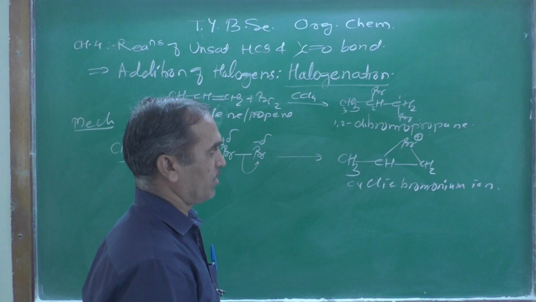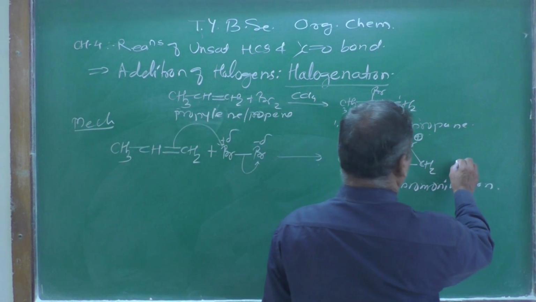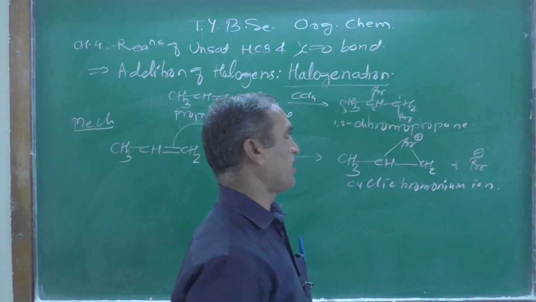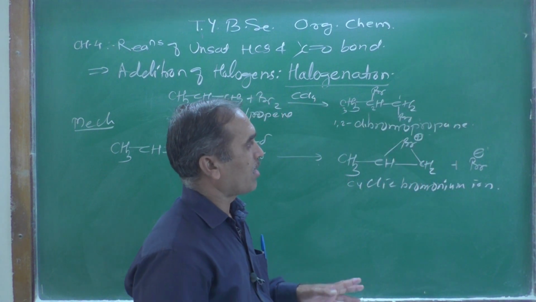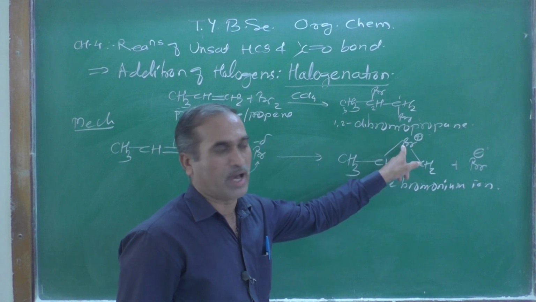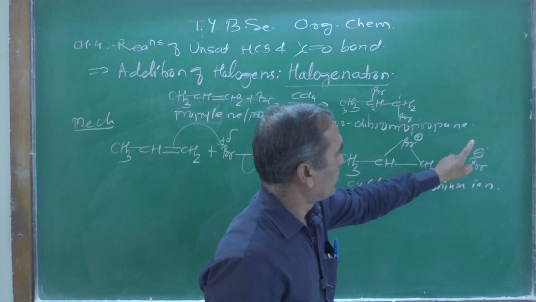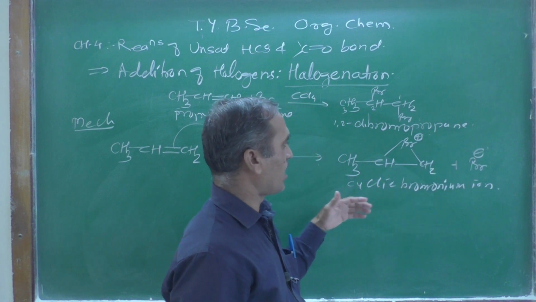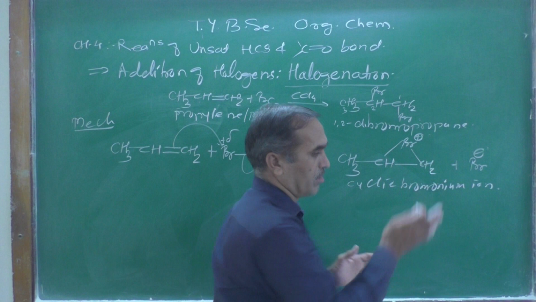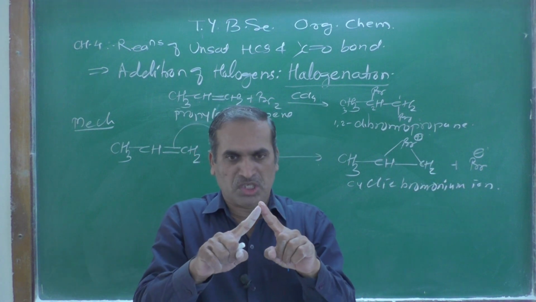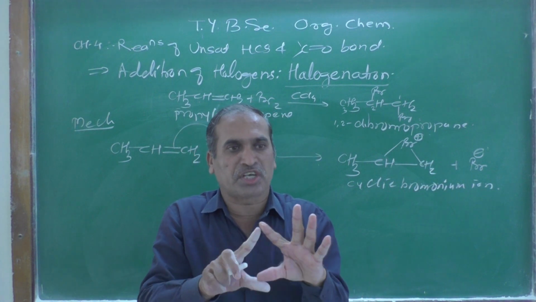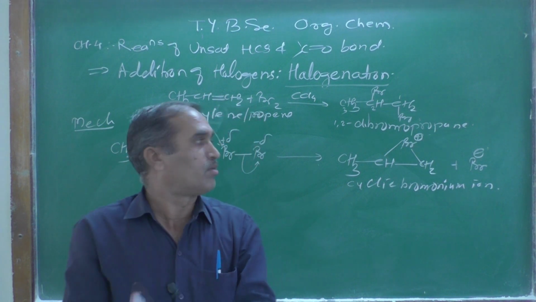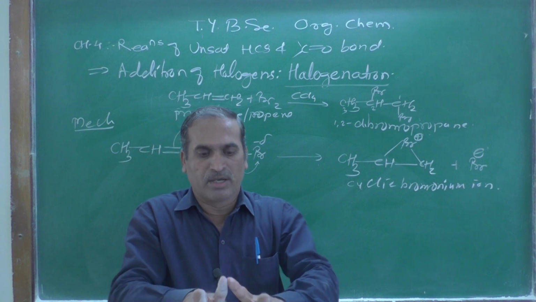Now there is an attack of Br minus, and the Br minus can attack opposite to this Br, either this side or this side. In a three-membered ring there is a large steric strain, and the cyclic bromonium ion is very unstable.